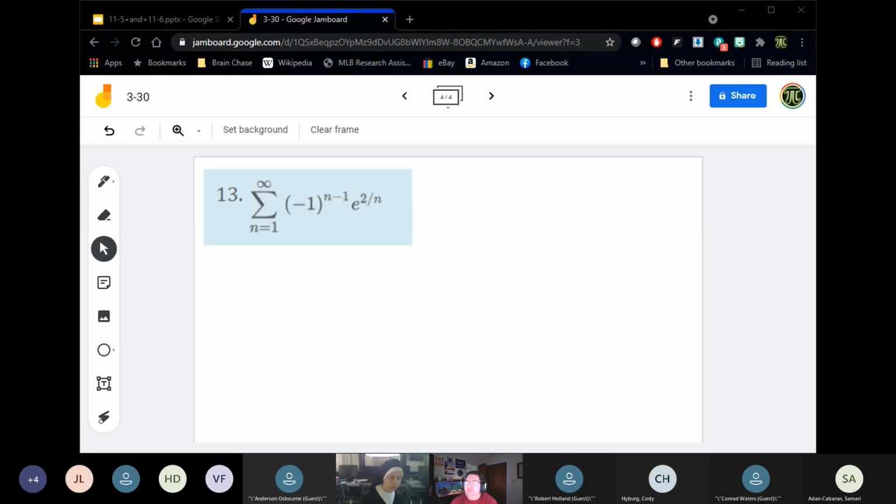Is this one decreasing? So e to the 2 divided by n, does that decrease as we go up? I mean, it goes to 1. It would go to 1, right? Yeah, so you're going to divide it. So eventually it'll go to 1. But is each value, so is the second value going to be smaller than the first, and so on and so forth? Does the function decrease over time?